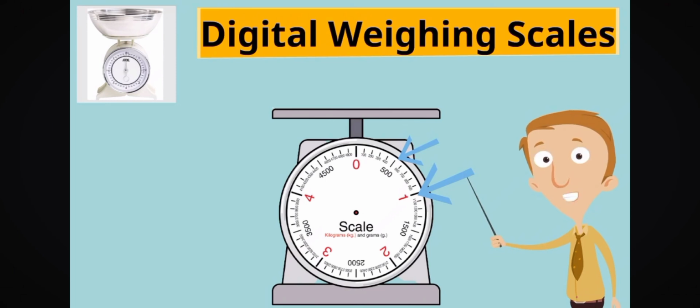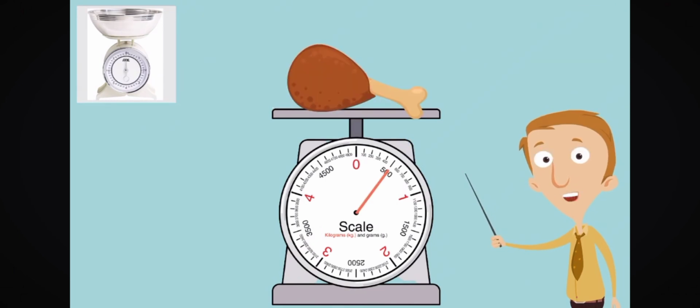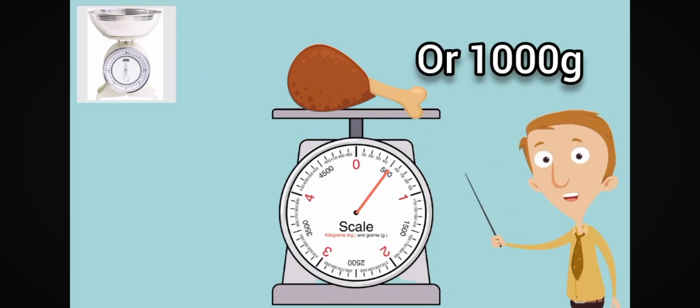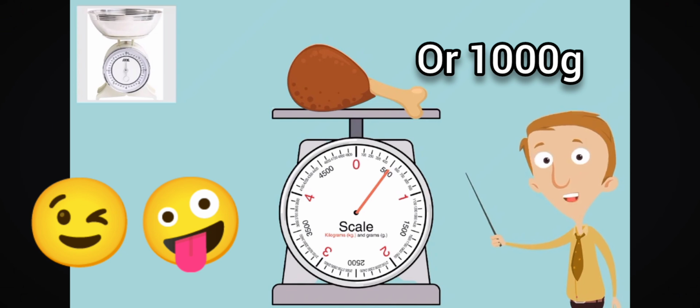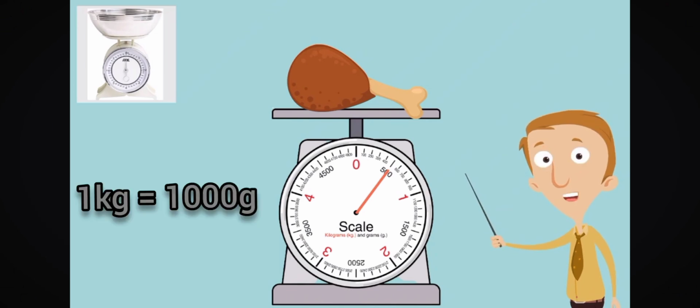For example, this lekker piece of chicken, and we can see that the red arm spins to 500. This means that this piece of chicken weighs 500 grams. Lekker, na? Quick question. If one piece of chicken weighs 500 grams, how much would two pieces of chicken weigh? If you guessed 1 kilogram, you are right, because there are 1000 grams in 1 kilogram.